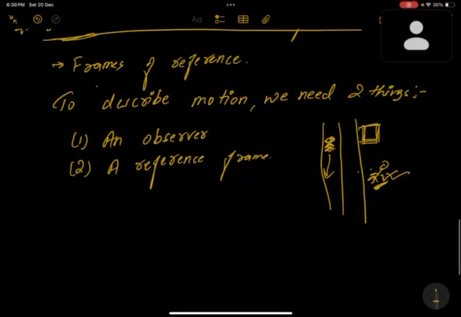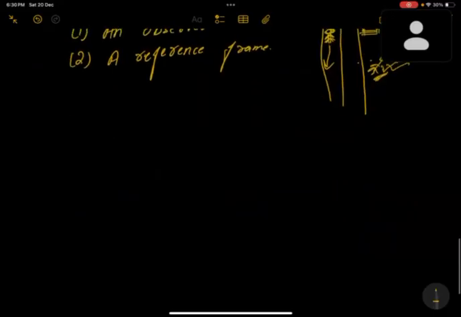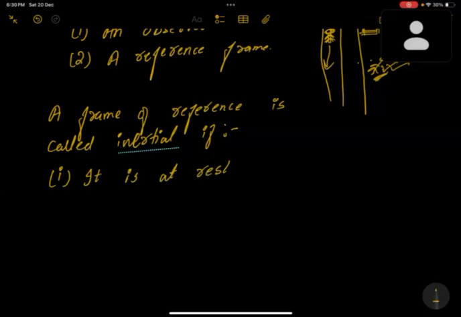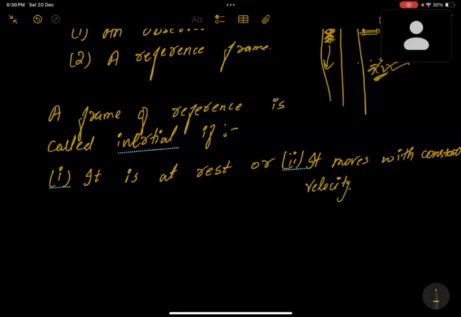So, the condition for the inertial frame, when we call a frame inertial.